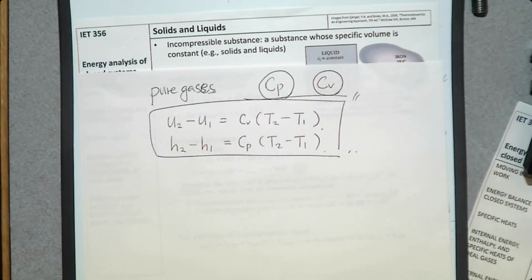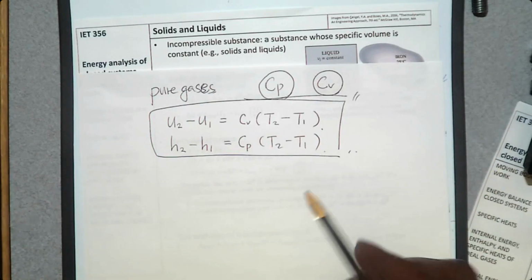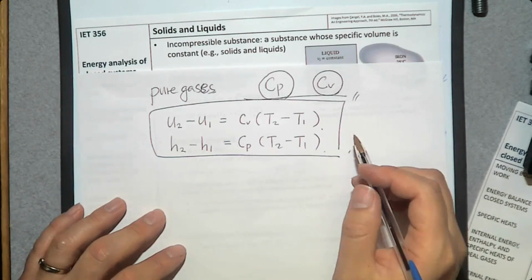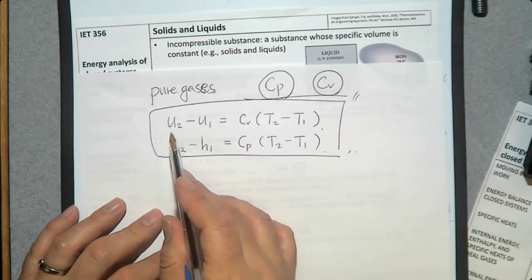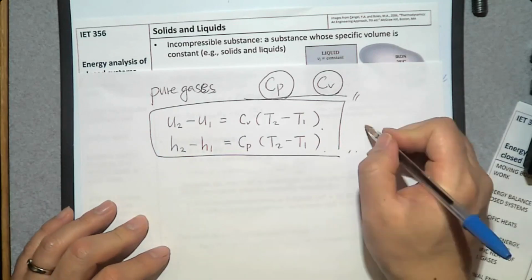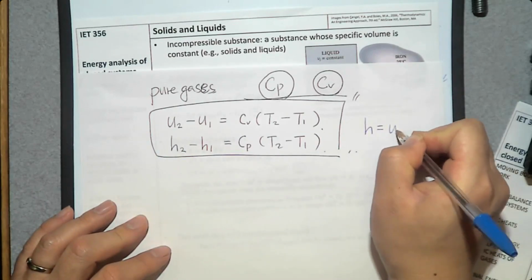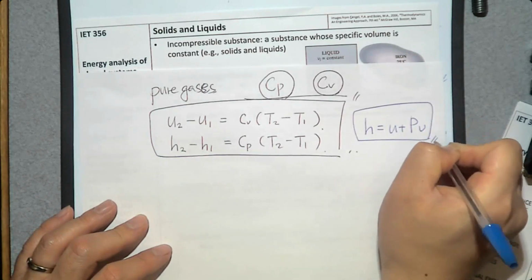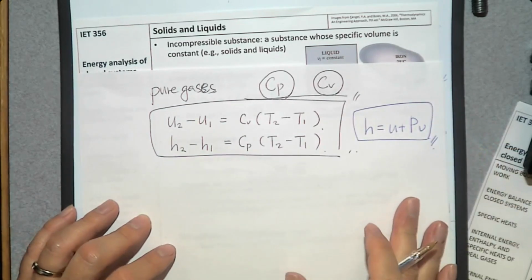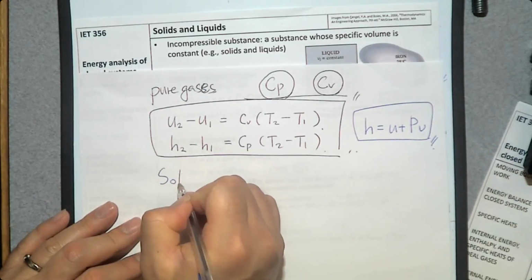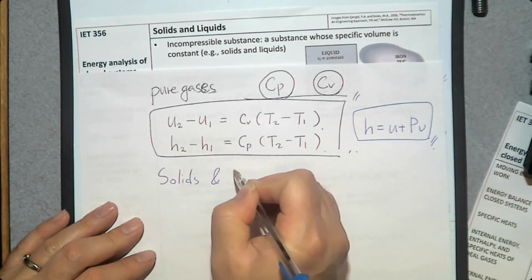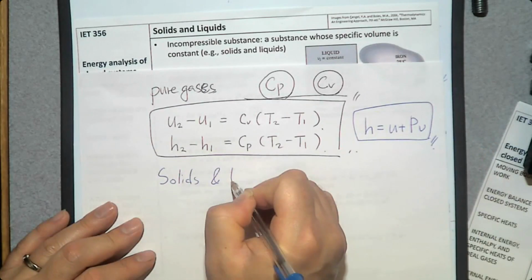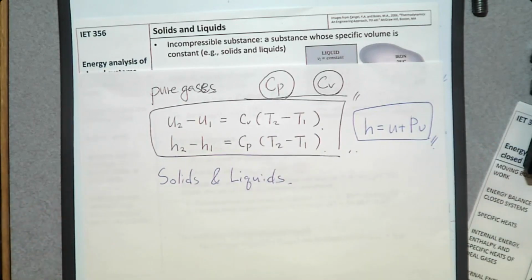What if you have solids and liquids? The main difference between U and H is U plus PV by the definition of enthalpy. So if you have solids and liquids, what is the main difference between gases and them?